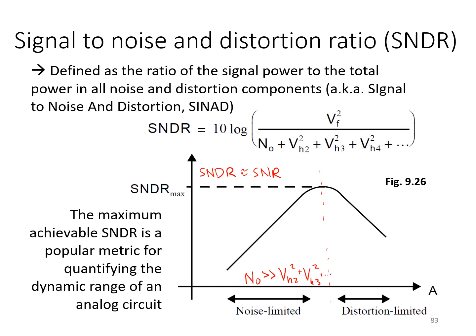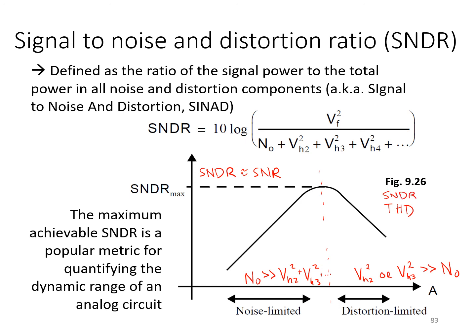But at some point, the distortion terms would start kicking in and being dominant. This could be the second or third order distortion terms, depending on whether it's a single-ended or fully differential circuit. But at this point, the noise term would be negligible in the denominator, and we would see essentially THD plotted here.